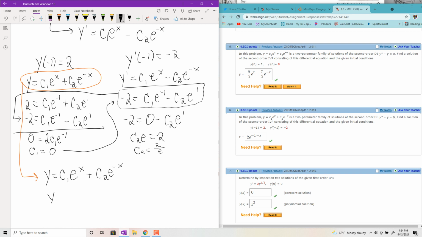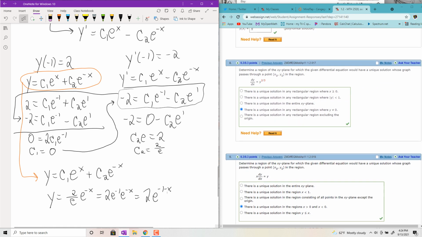So I'll end up with y equals 0 plus c2, which is 2 all over e, times e to the negative x. Here you write it, make it look pretty: 2e to the -1, e to the negative x, and then just add the exponents. So 2e to the -1 plus negative x. That's what you see in my solution there.